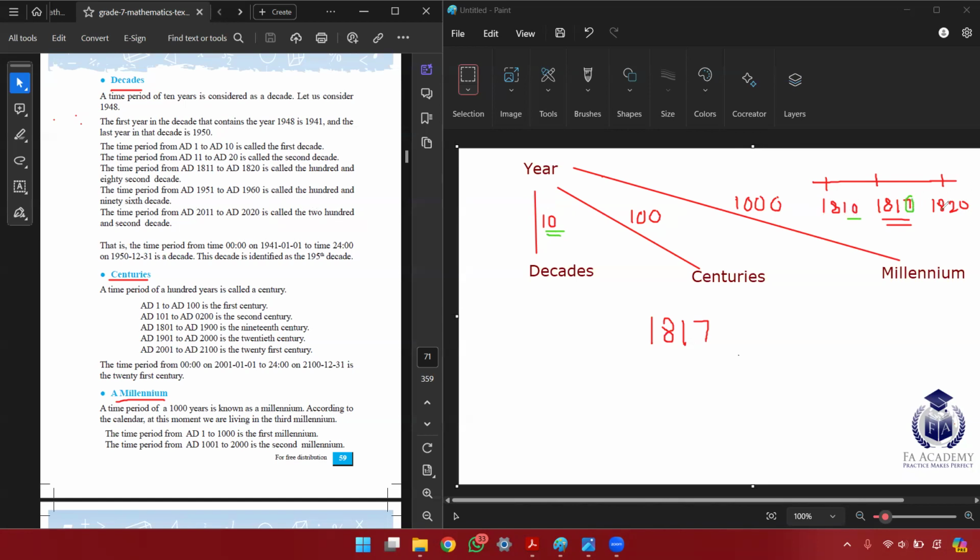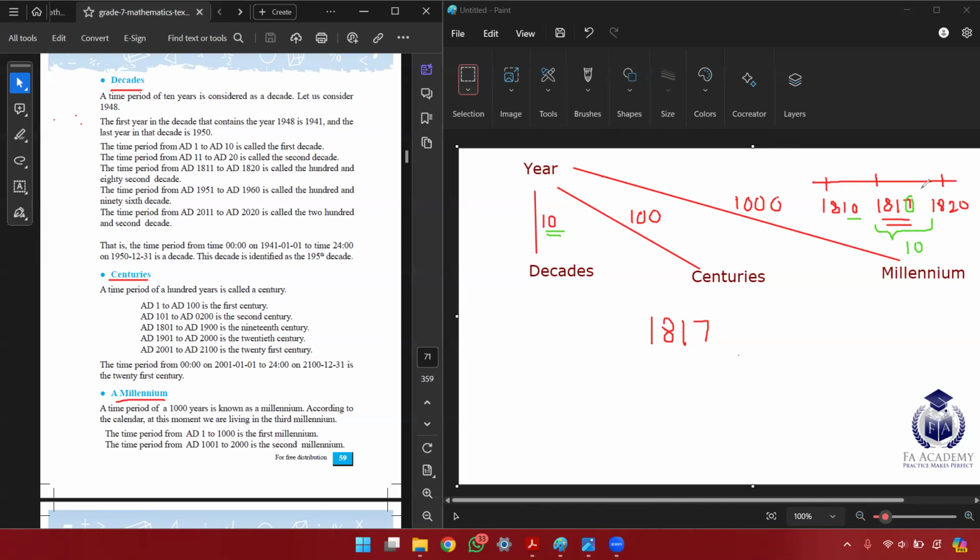Then we look for the next ten, which is 1820. So we know that we have a period of 10 years in the middle. Now we are going to check if it is 10 years or not, right? So 1810, 1811, 1812, 13, 14, 15, 16, 17, 18, 19, 20.